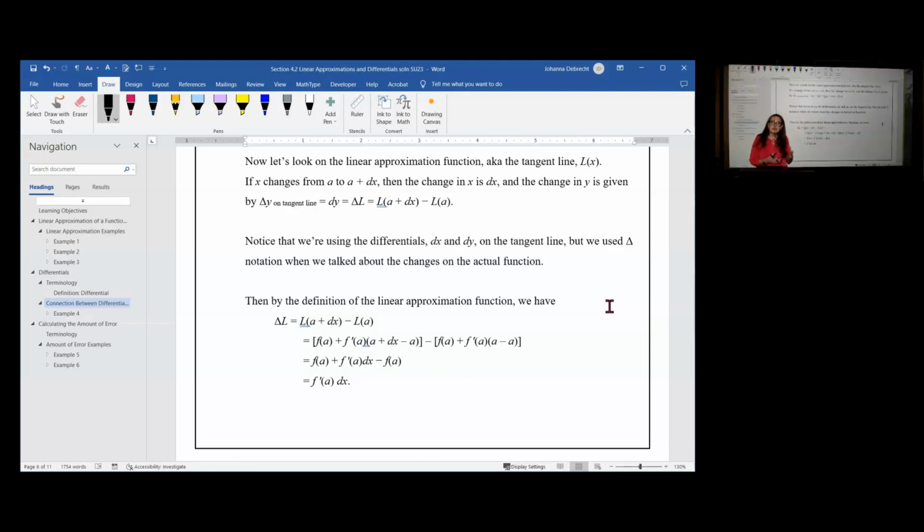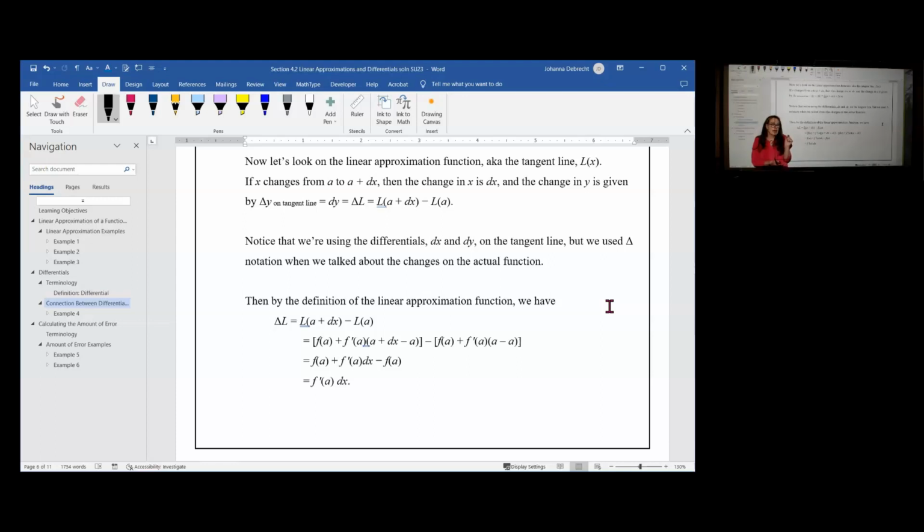In other words, that differential dy you've been using is actually the change in y values on the tangent line approximation. And it's given by L of a plus dx minus L of a, change in the y values on the tangent line, given a small change in the x values.